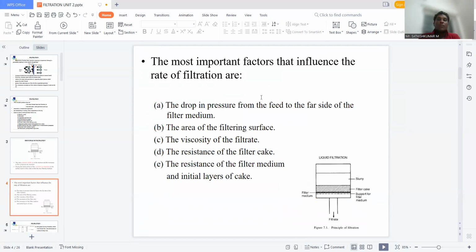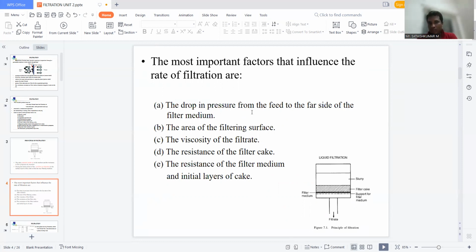The most important factors influencing the rate of filtration include the drop in pressure from the feed to the far side of the filter medium. Some factors are responsible for affecting the filtration rate, and the pressure is highly responsible.